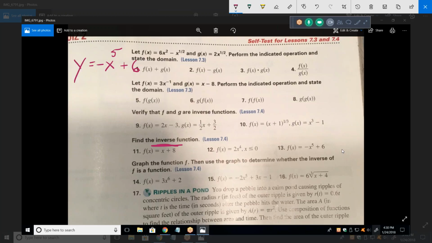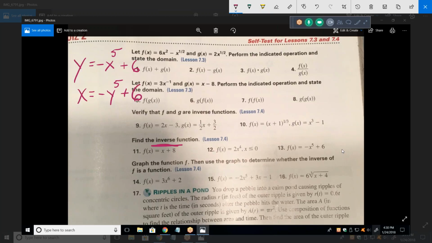Then you would subtract the 6. Nope. You're missing a key step. Got to swap the variables. Oh, yeah, okay. So what's the next line? X equals negative y to the fifth plus 6.